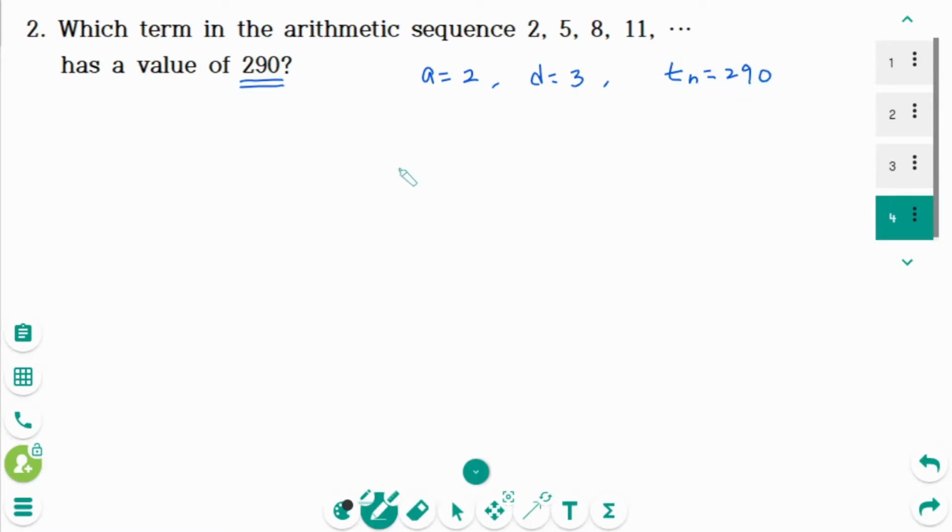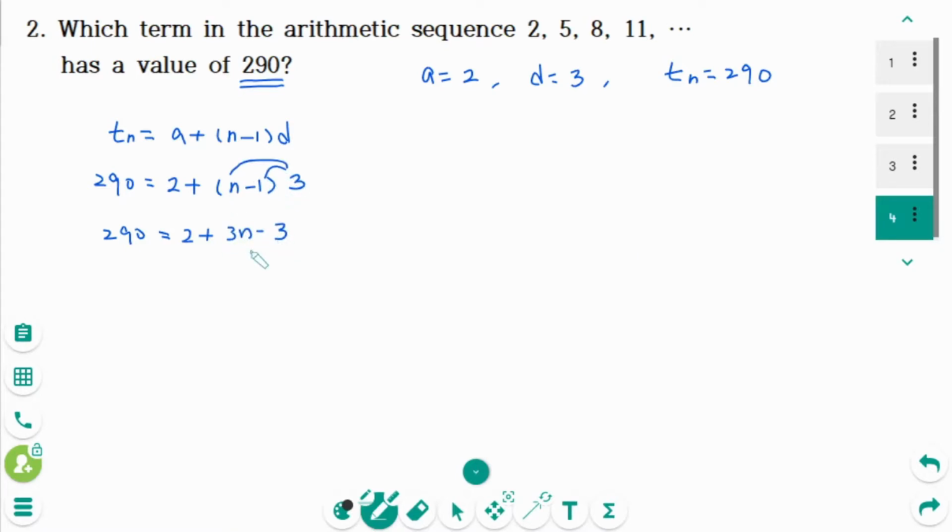The formula of the general term is tn equals a plus n minus 1 d. Then 290 equals 2 plus n minus 1 times 3. Then 290 equals 2 plus 3n minus 3. Then 290 equals 3n minus 1.